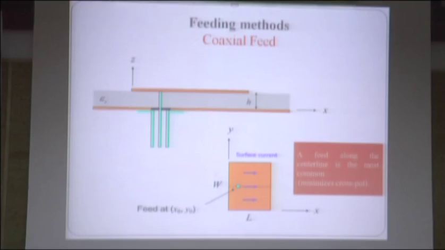The lower layer shows the ground plane, h shows the thickness of the dielectric material, epsilon r the permittivity of the dielectric material, and the upper layer shows the patch, and the coaxial cable is connected at the midpoint of the patch.